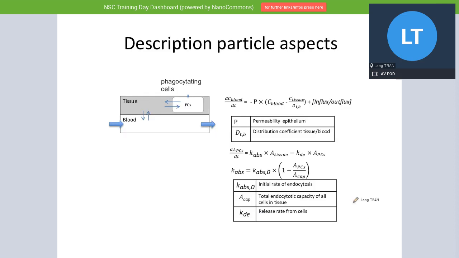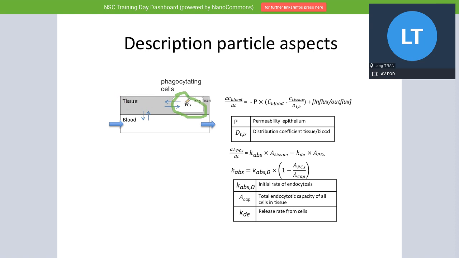How do you describe that model mathematically? Now that is a challenge. At least it's a challenge for me to try to explain this equation to all of you. But I don't think it is that difficult to get the concept of it, because this is a compartment, okay? And there is what goes in and what goes out of the compartment.